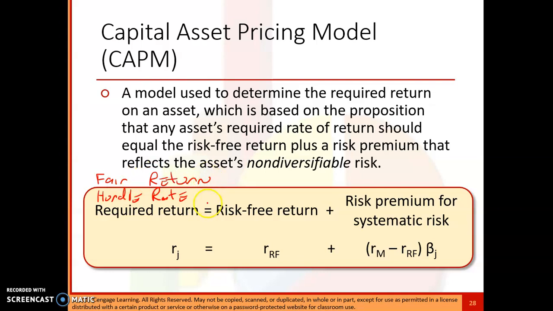A lot of times you'll be discussing expected returns, and the capital asset pricing model will give you an expected return, but we need to differentiate. So, hurdle rate, and so forth. But anyway, our required return is equal to the risk-free rate of return plus the risk premium that's associated with the market or systematic risk. And that is the beta for that stock multiplied by the return on the market minus the risk-free rate.